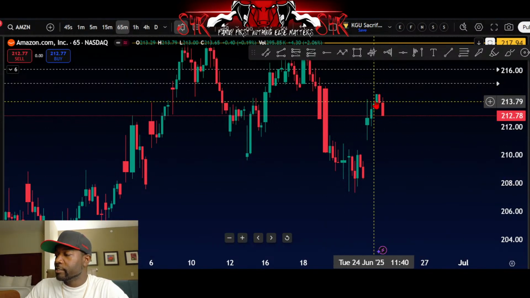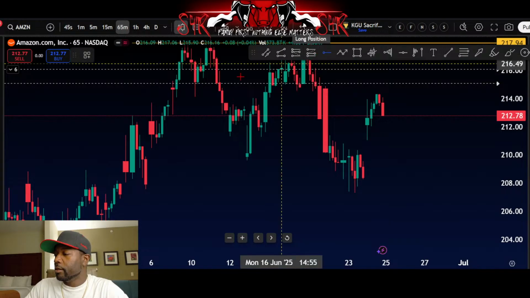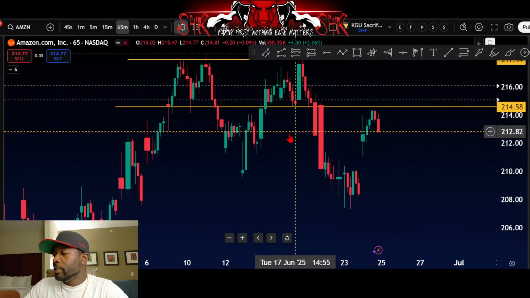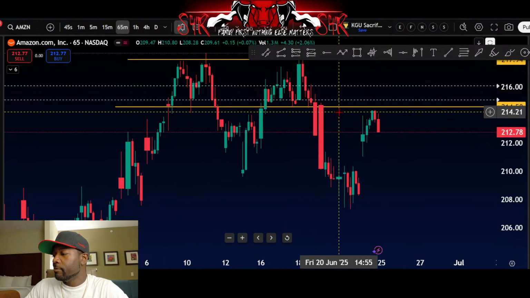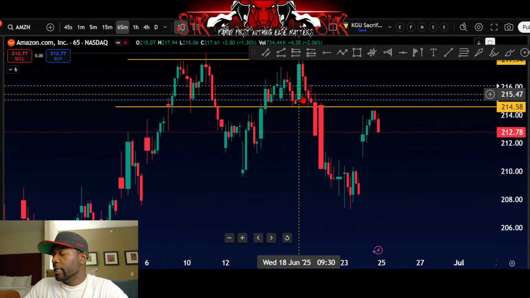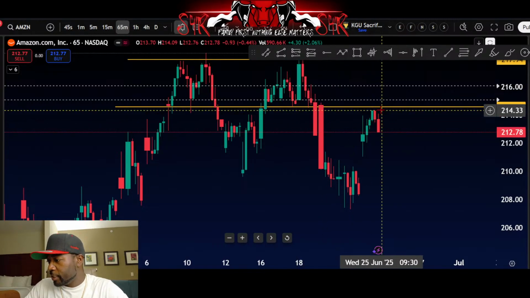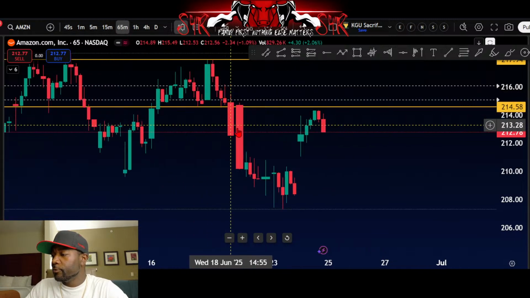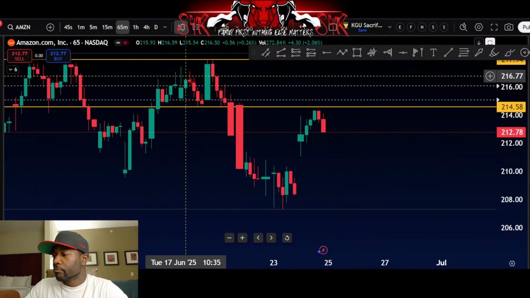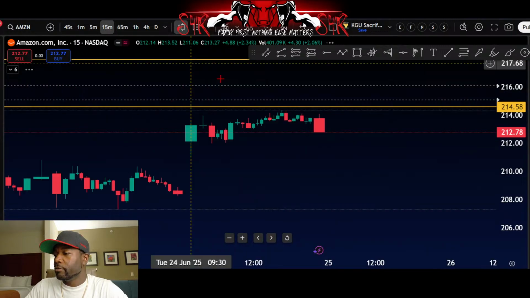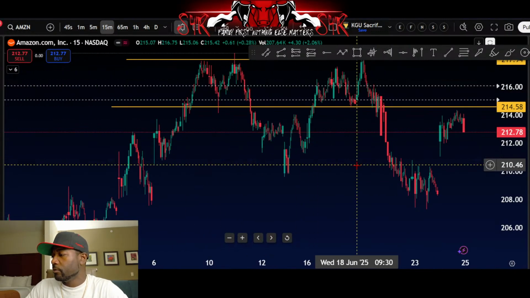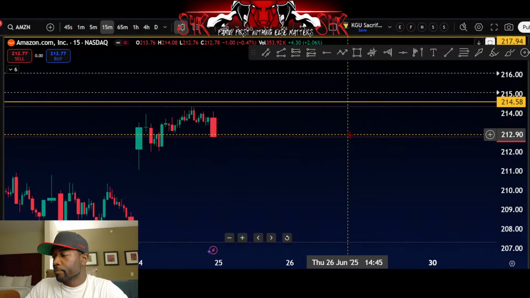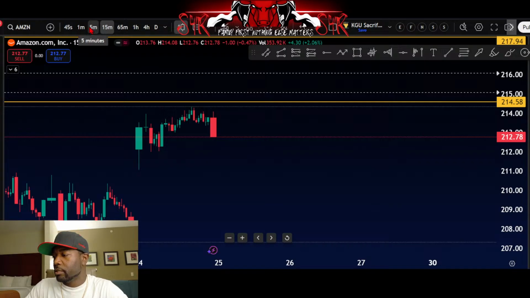So this is why we see this little pump up here. But also at the end of the day, we did have this line right here, potential support or resistance, as we came back up and we found it, right? So I'm gonna zoom in and see if we can find some more information, because I forgot what chart I charted this on, so forgive me, because something's a little off.